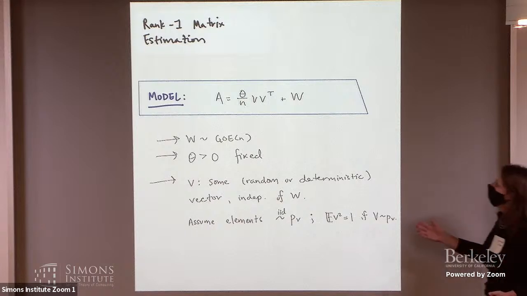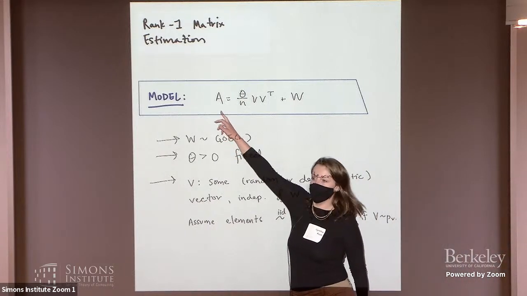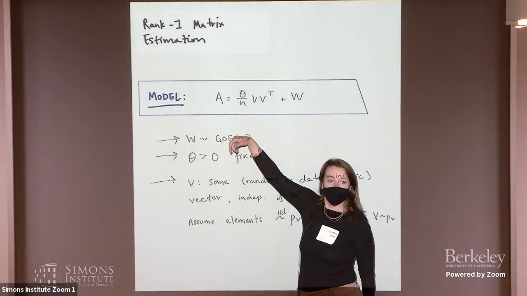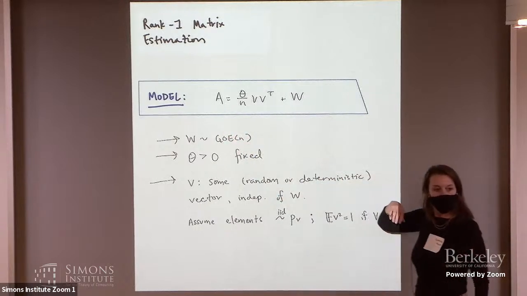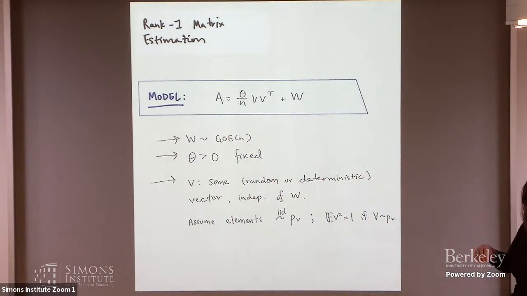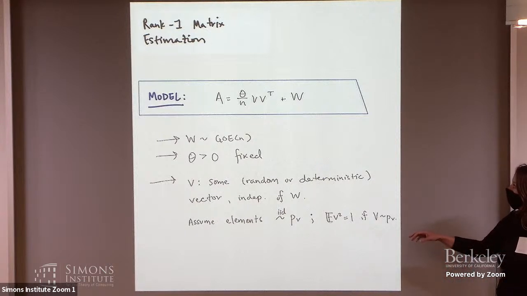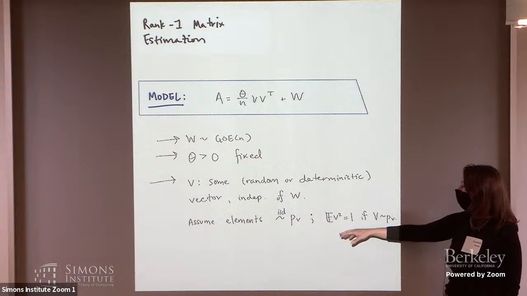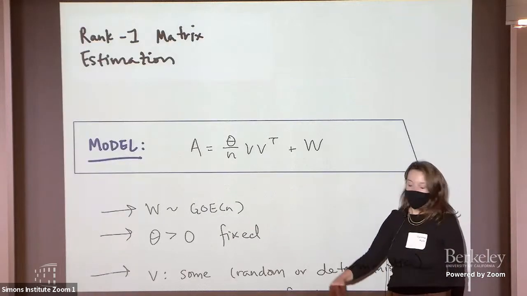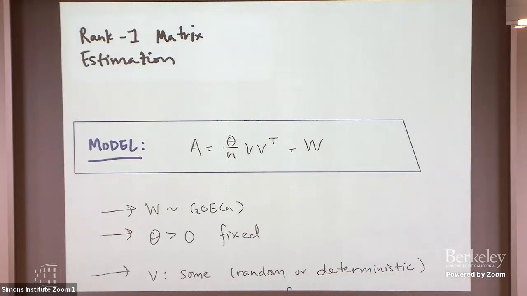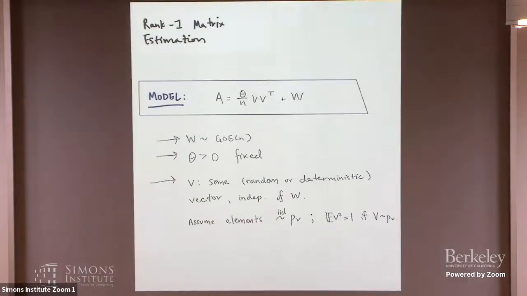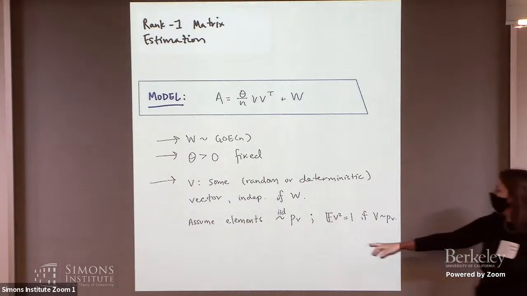And so the idea is that we see A. Is V unit norm, or is the norm squared of V equal to N? So what I'm going to assume is that the elements of V are IID according to some distribution PV.